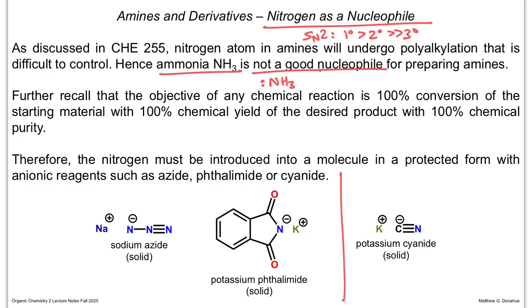An imide is a nitrogen that's like 2 amides. That's what the imide functional group is. And then potassium cyanide, you got to get rid of those triple bonds, so that carbon has to be reduced. But overall, what this is doing, it's preventing the nitrogen from reacting further, as is the case with ammonia.